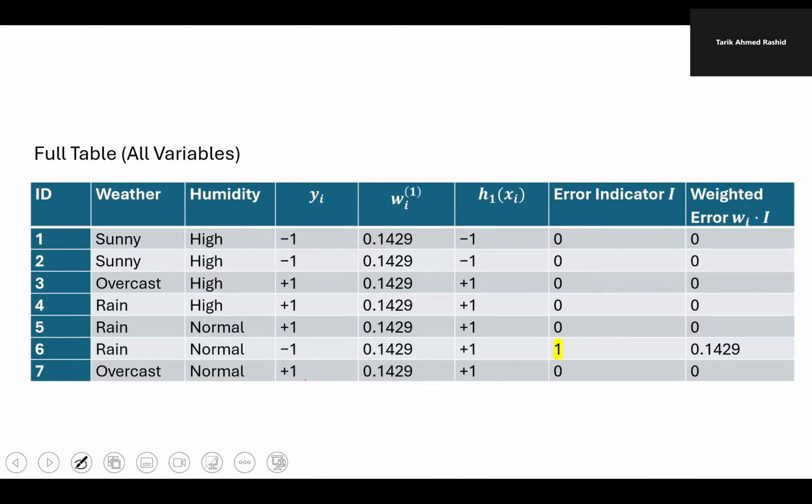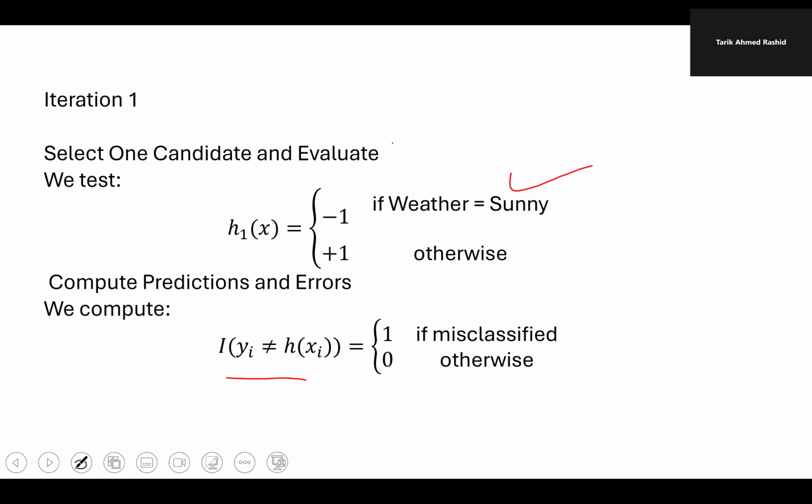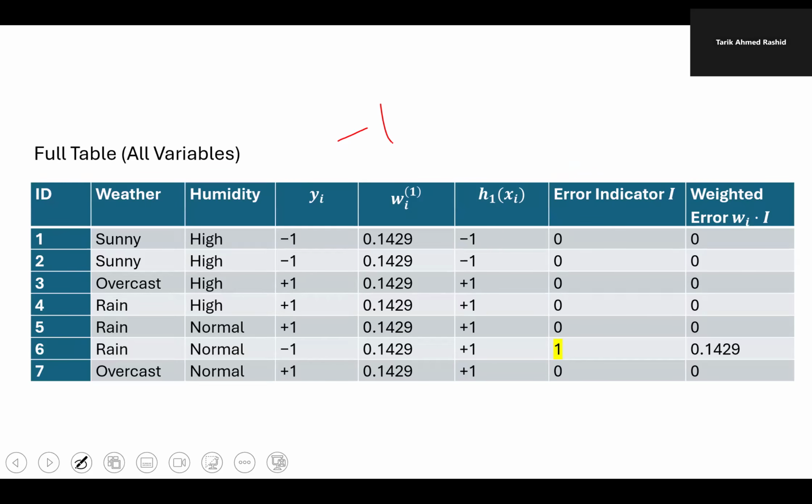Now, imagine we said h(x) equals -1 if it's sunny. So if this is sunny, y is -1 and h is -1, because according to the equation h(x) equals -1 if it's sunny.